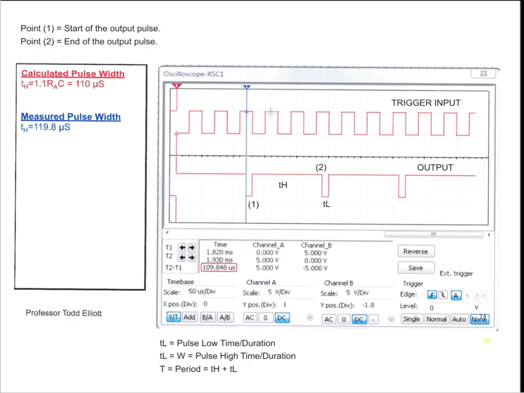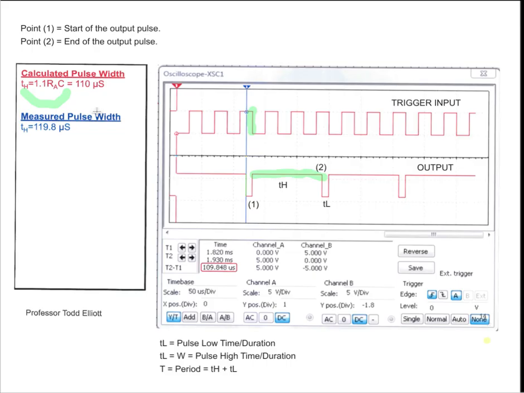So this is the trigger, coming from a function generator or another circuit, and see on this falling edge here, that means the output, which was normally low, is then going to switch high, and it'll stay high for the duration of time as determined by this formula. So that external resistor and capacitor is what sets that time period.